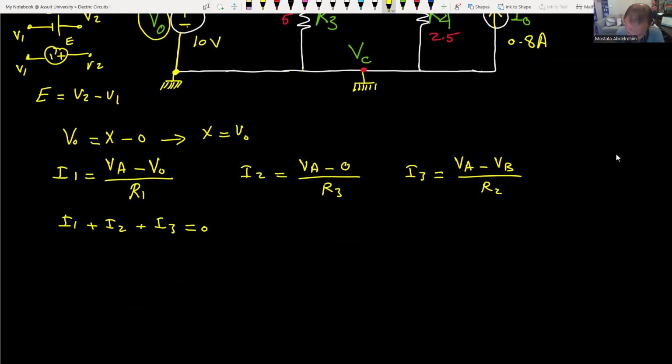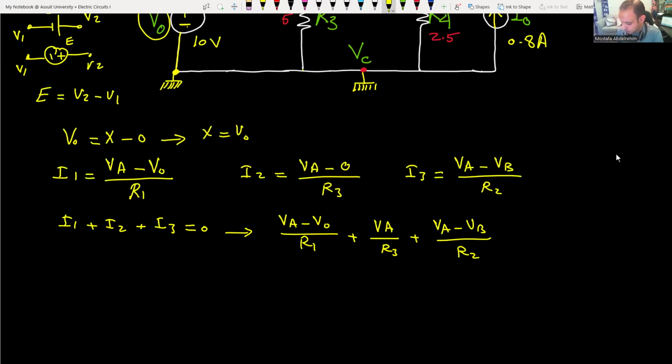Let's put the equations. That leads to VA minus V naught over R1, plus I2, which is just VA minus 0, so VA over R3, then I3, which is VA minus VB over R2. This is equal to 0.